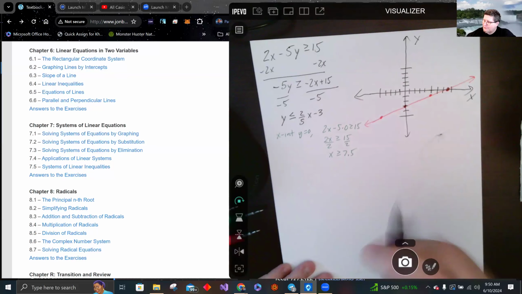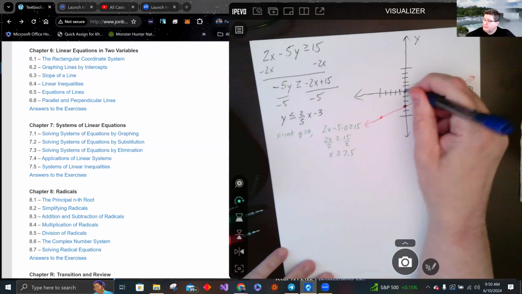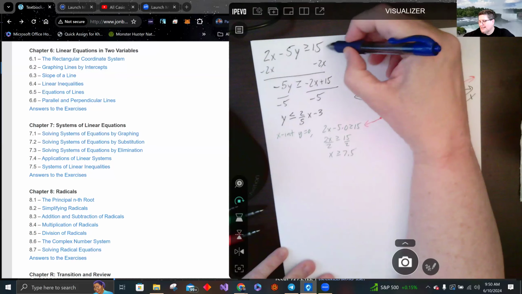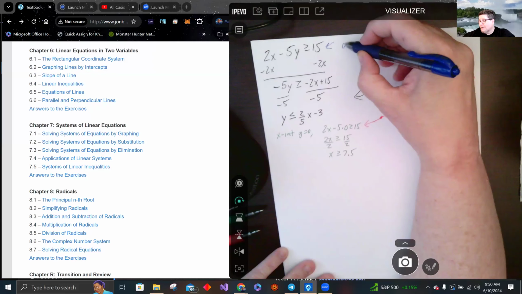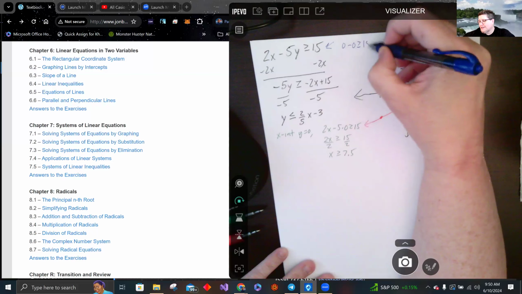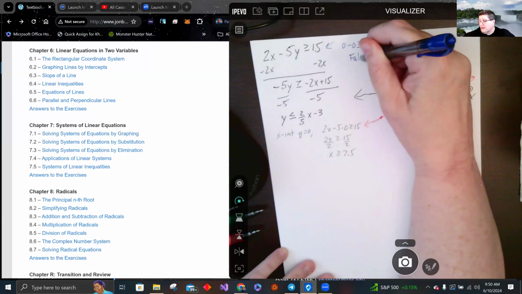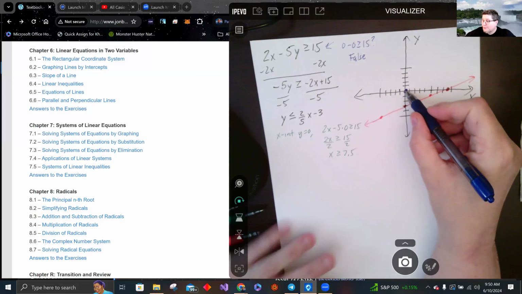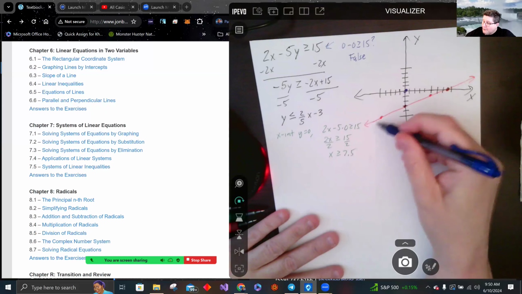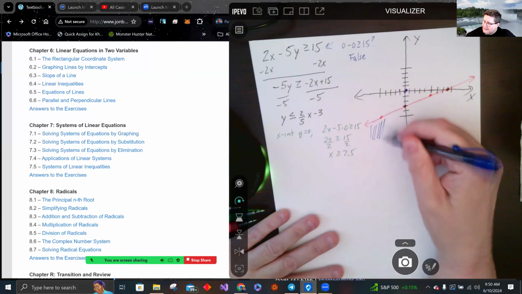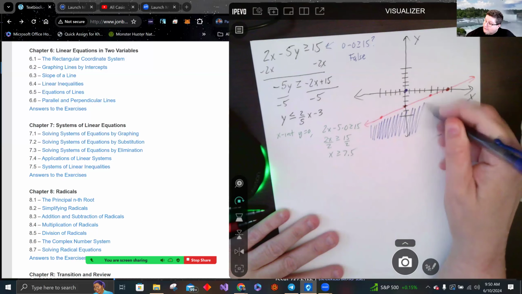I will test (0, 0). It's actually easy to test here. 0 minus 0, is that greater than or equal to 15? No, that's false. Since it's not greater than or equal to 15, I am going to shade on the side that does not include (0, 0).